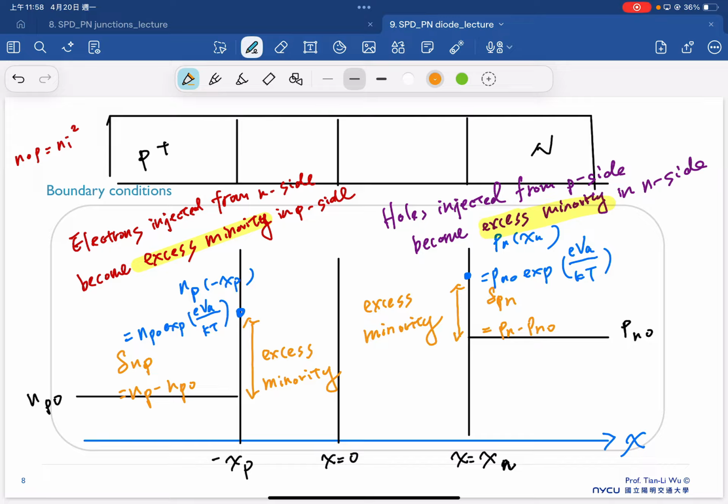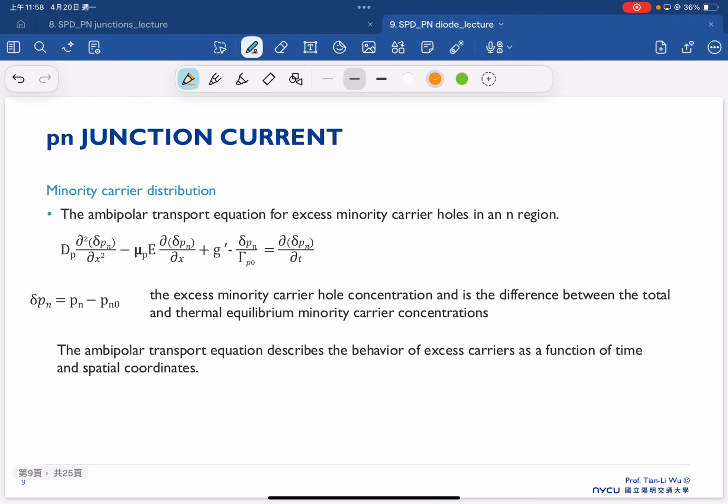So now, with all this knowledge, we will start to do the same things that we already learned from the slides on excess carriers, because we are going to do exactly the same calculation. Okay, so again, we consider the minority carrier distribution based on the bipolar transport equation for excess minority carrier holes in the N region.